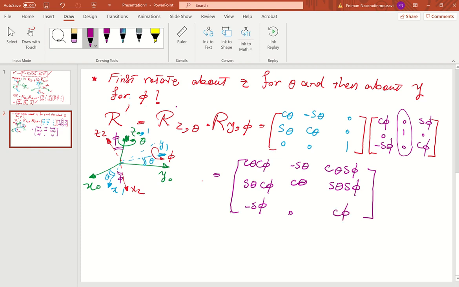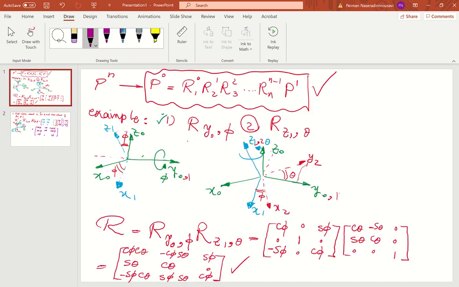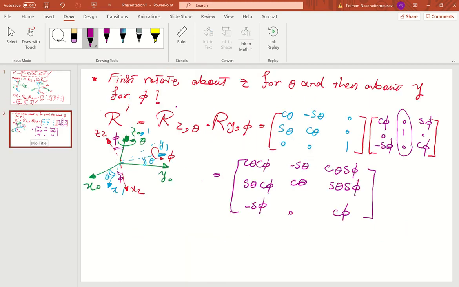So see, we reversed the sequence of the multiplication or rotation. Compare this result with this. The first conclusion is that R is not equal to R prime.